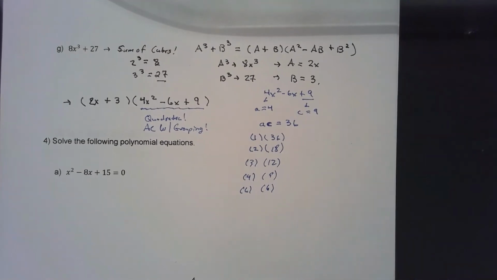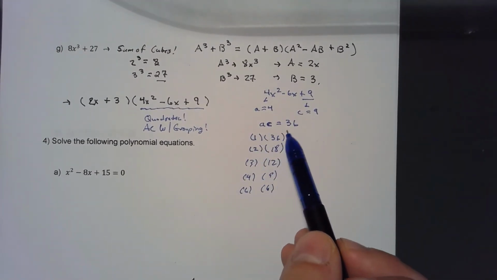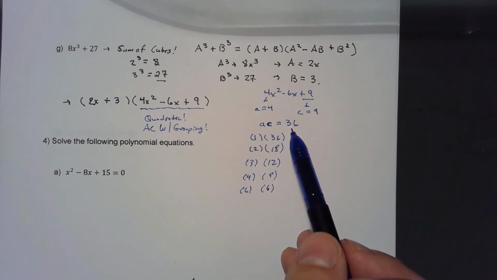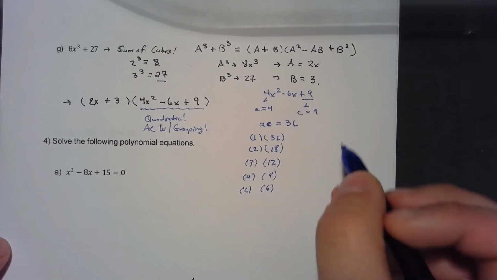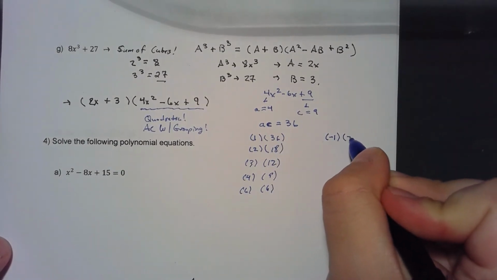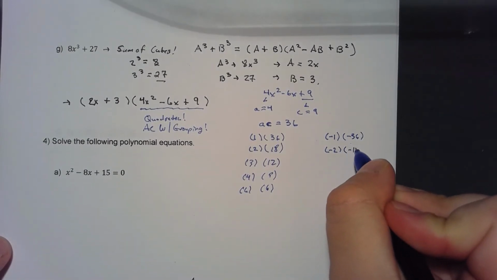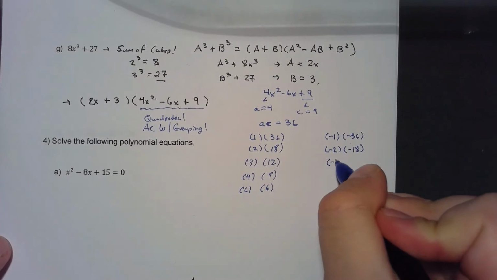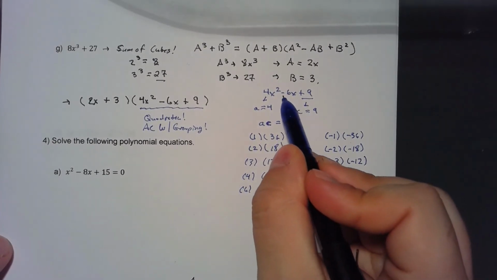Now, these are the numbers that multiply together to give me 36, right? But I could also multiply 2 negatives together to get me 36. So not only are these my factors, but also they're negative values. So I have negative 1 times negative 36, negative 2 times negative 18. And I'm considering the negative values because if I look at my quadratic, my middle term is negative.